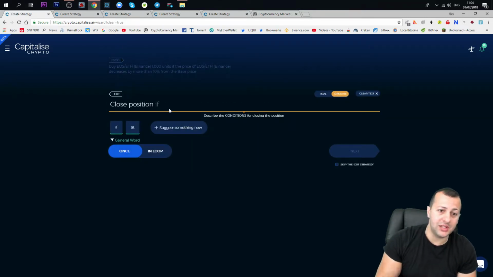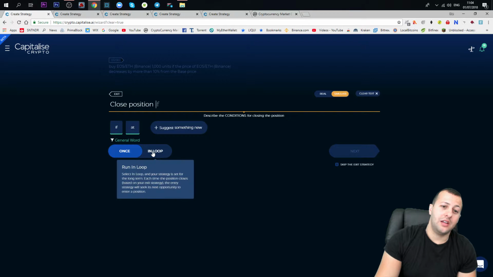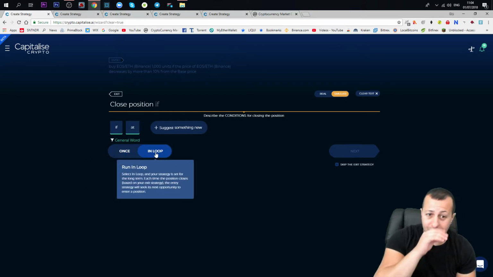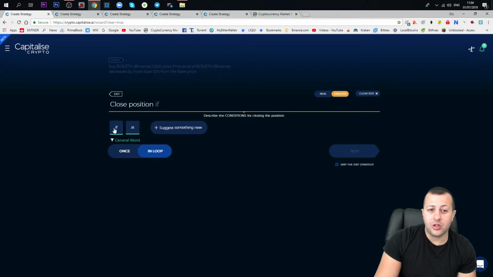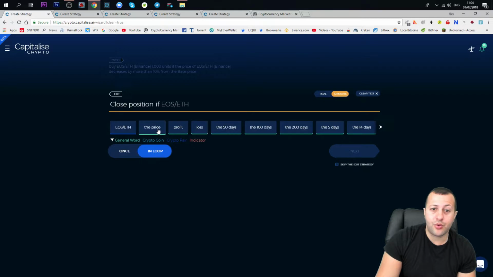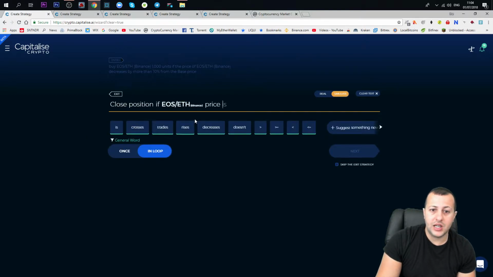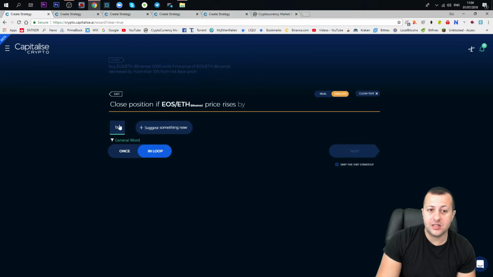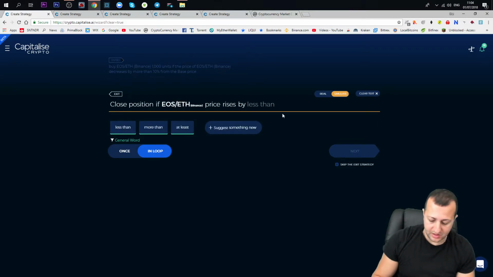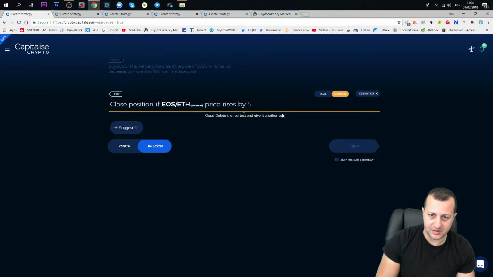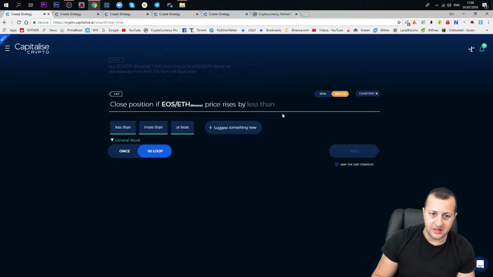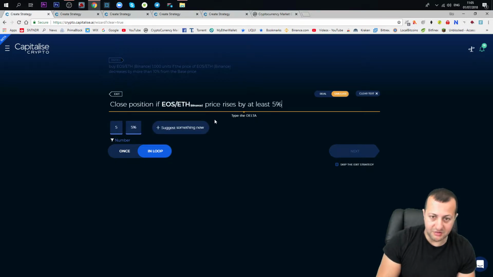And I want to close the position, and I'm gonna place this in a loop. So from here on, this strategy will be running over and over and over again. I'm going to close the position if the price of EOS F rises by, I'm not going to be greedy, I want 5%, rises by at least 5%.